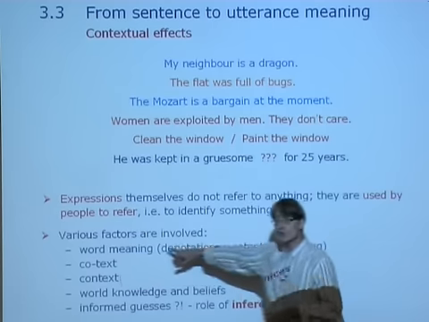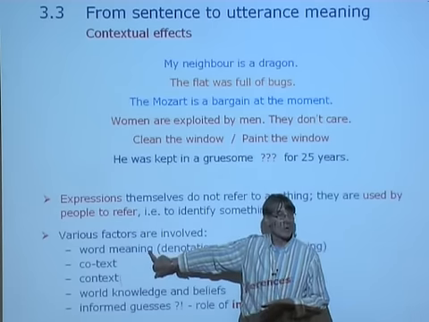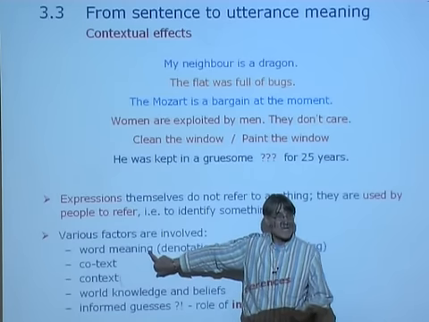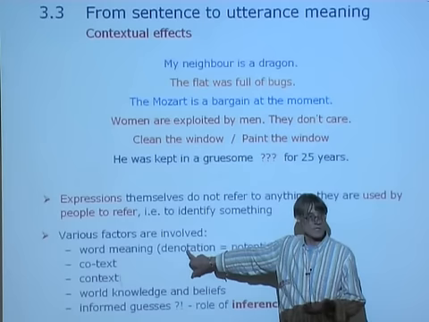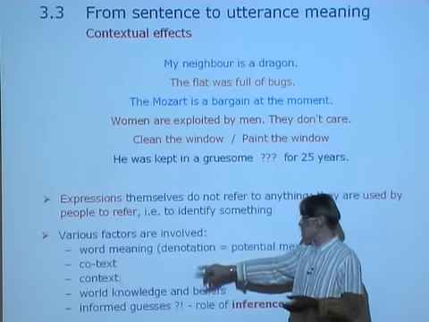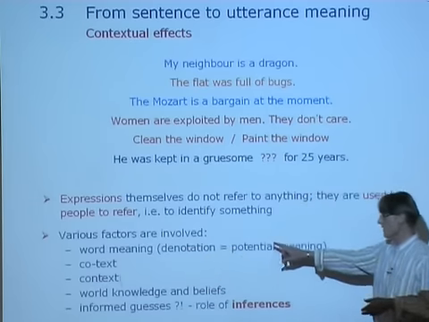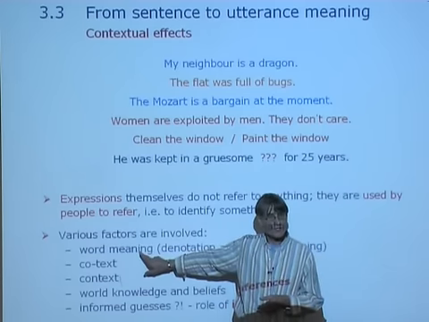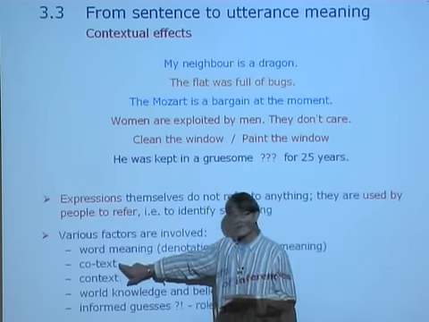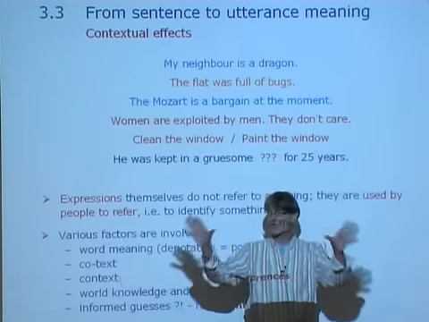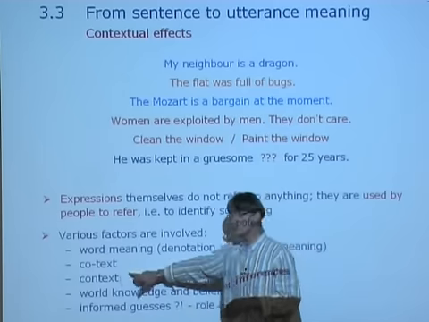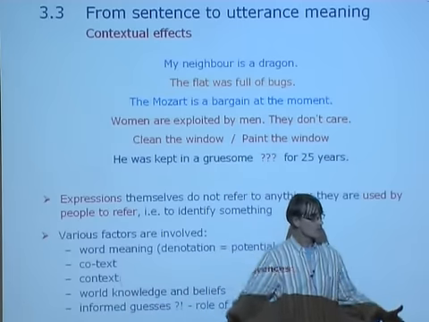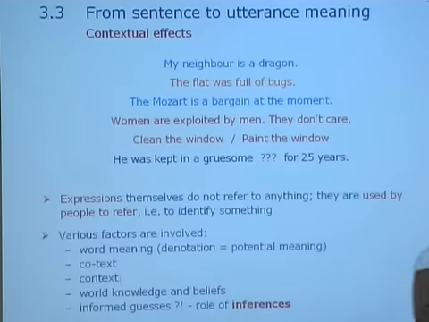We, of course, use what we know about the meaning of the words involved, their denotational meaning, their descriptive meaning, conceptual meaning, okay? But that alone is not sufficient. We also use the co-text, which is the surrounding text, and we use the context, the communicative context.